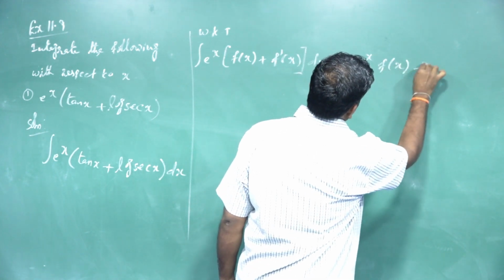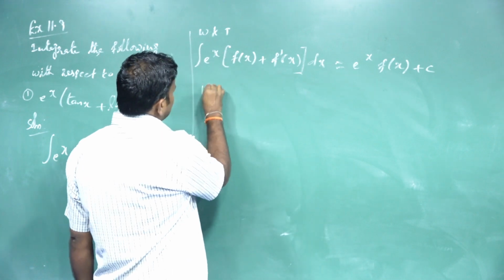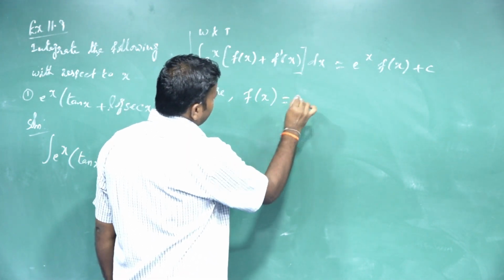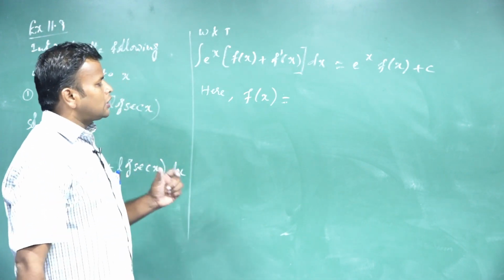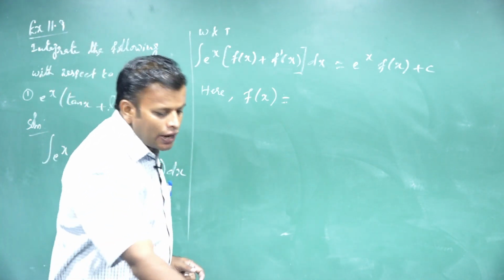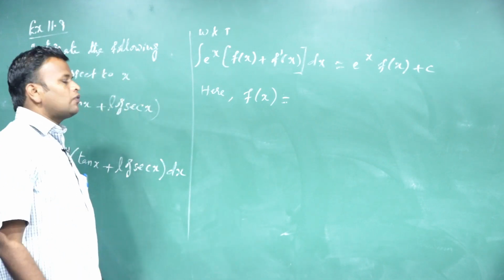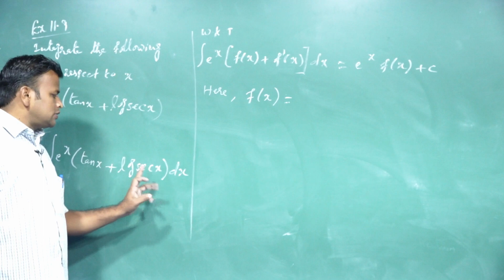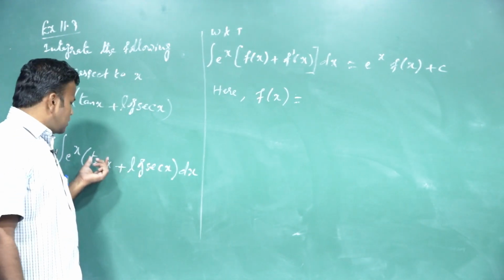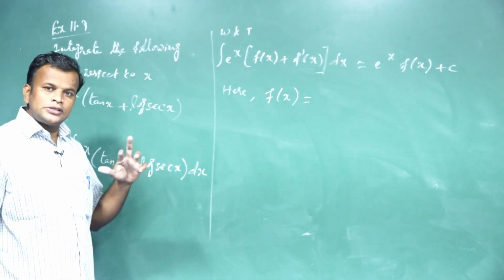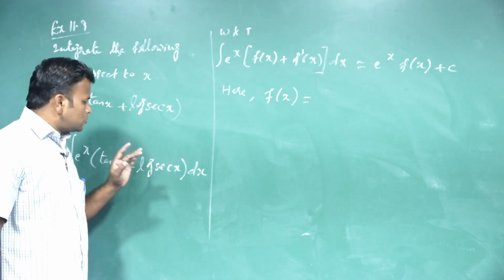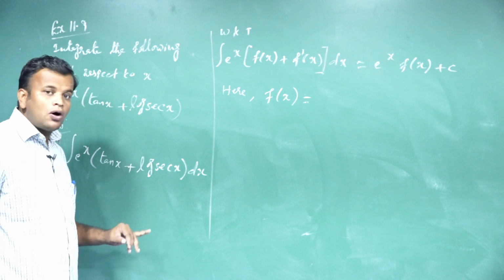Here it is important which value we take as f of x. Actually, f dash of x is the differentiation of f of x. So two terms are there: one is tan x and another is log secant x. The differentiation of tan x, you know, is secant square x, but the second term is not secant square x. So we take the value of f of x as log secant x.